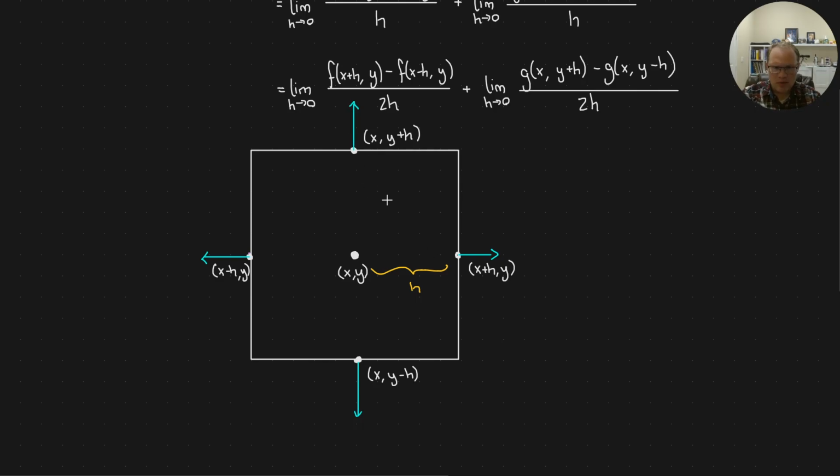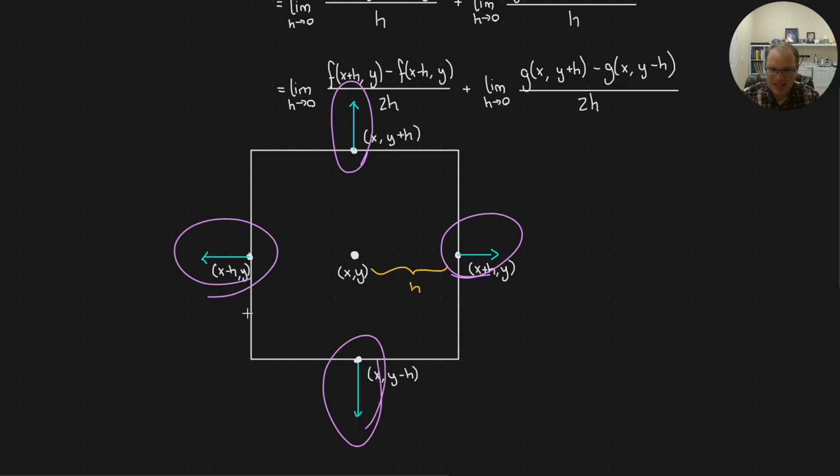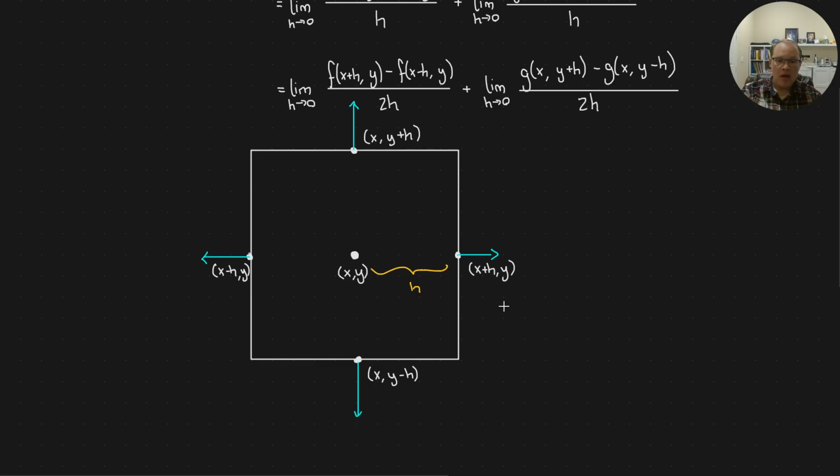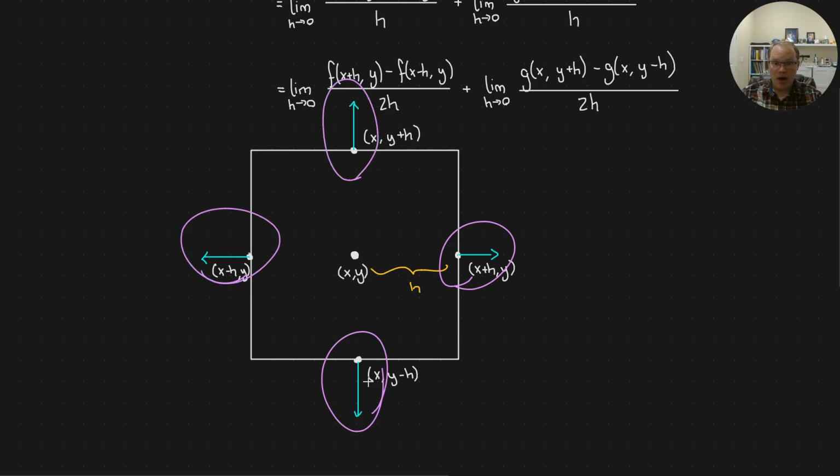The divergence is adding up how much the vector field is going in each of these directions and then adding them together. And so if we take it as a total, if we get a positive number, that means the flow away from the point, the vectors moving away from the point are greater than any vectors going towards the point.